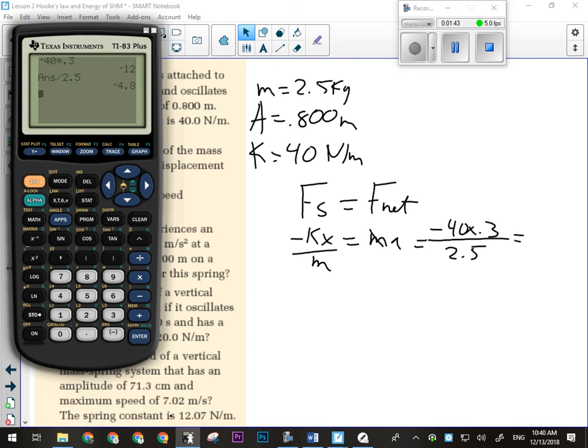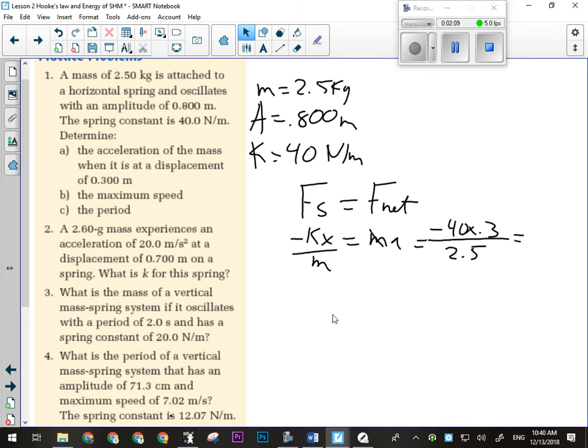All right, so its acceleration is going to be negative 4.8 meters per second squared. The reason that its acceleration is negative is because it was displaced the other way. The displacement they gave me, they didn't give me a direction on it, but I just assumed it was positive because they didn't list it as negative. So my acceleration is in the opposite direction.